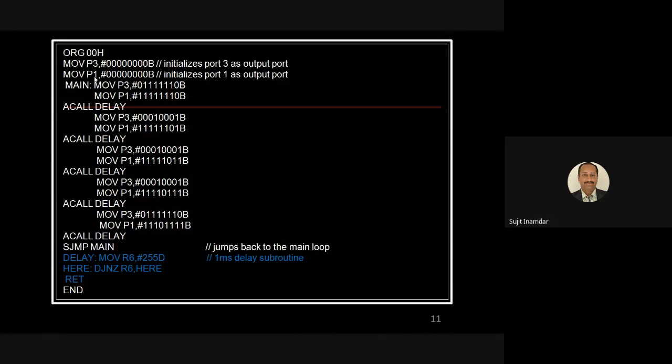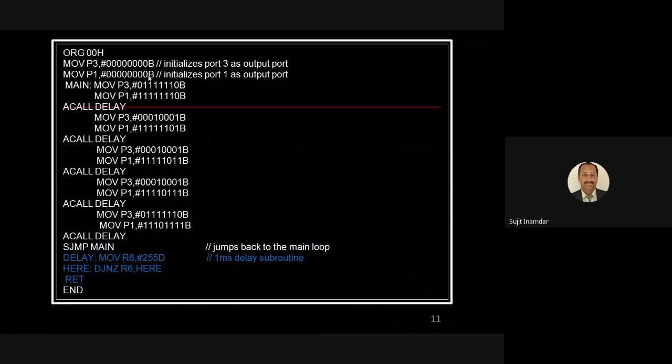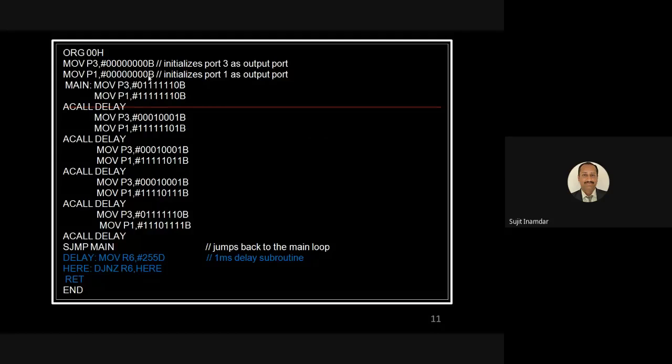For rows, port 1 they have taken, and port 3 is being used for columns, and they have initialized to 00000000, because in earlier sessions we have studied that if you want to use that port as an output port, you're supposed to give the value 0, आणि जर इनपुट पोर्ट म्हणून वापरायचं असेल तर 1 व्हॅल्यू टाकावी लागेल.